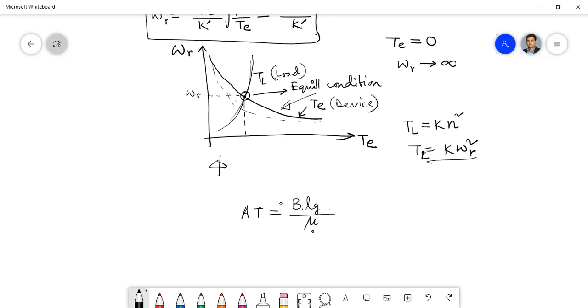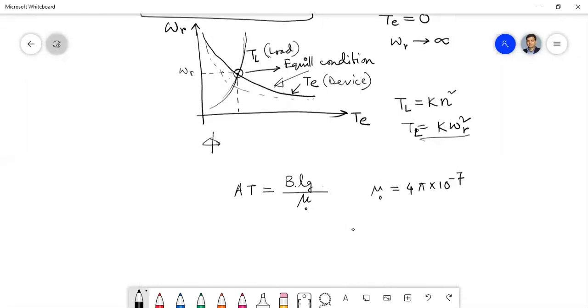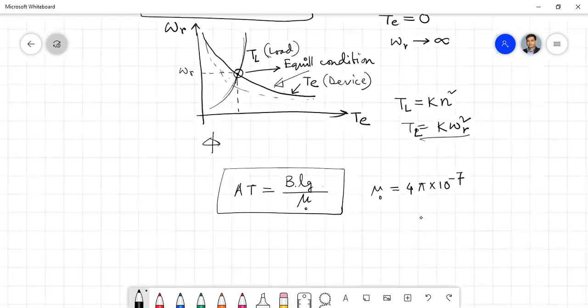Mu 0 is the absolute permeability, and you know that value, 4 pi times 10 to the power minus 7. So you have to use this. When I teach magnetic circuits, this formula will be required there also. But since I have not yet taught magnetic circuits, many of you are not able to solve it.